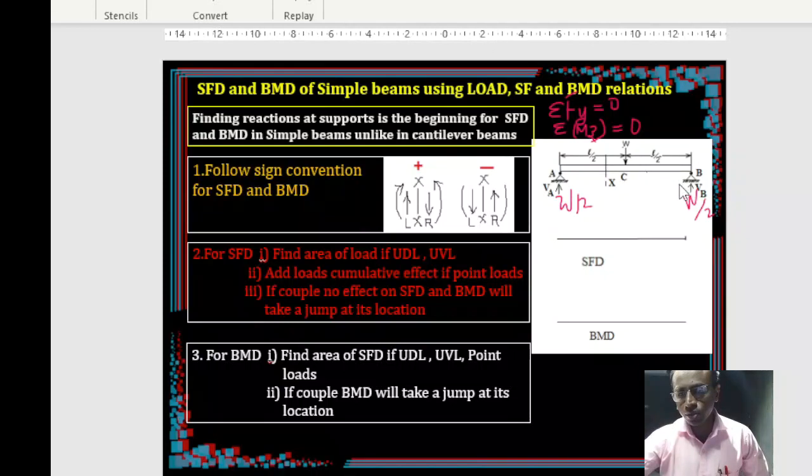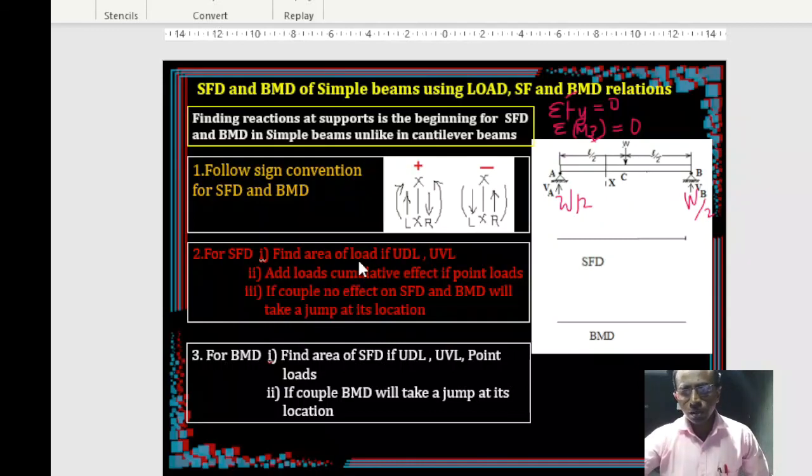Both ends have supports, so without finding the support reactions you cannot proceed. I am assuming that you are ready with the support reactions; if not, please kindly refer to that particular discussion. You will be able to find the support reactions for a simply supported beam for all kinds of loading.